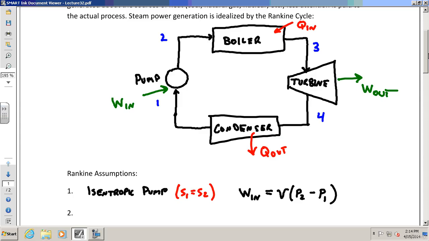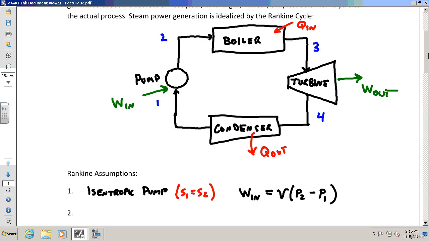That equation is what we're pretty much always going to use for pumps, unless I give you a pump isentropic efficiency. For a pure isentropic pump, you use that equation straight up.